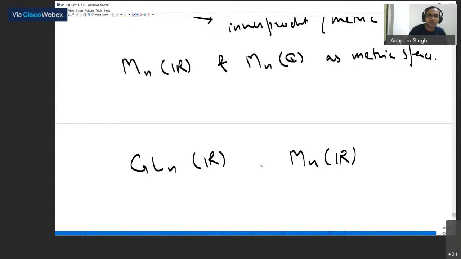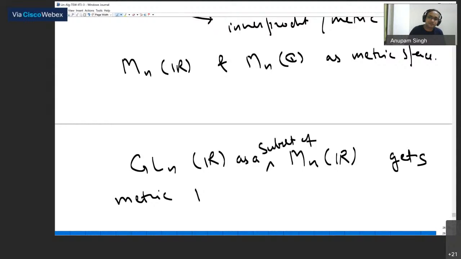GLNR as a subset of MNR gets the metric topology, and it becomes a topological group.